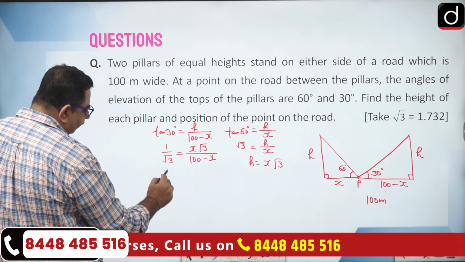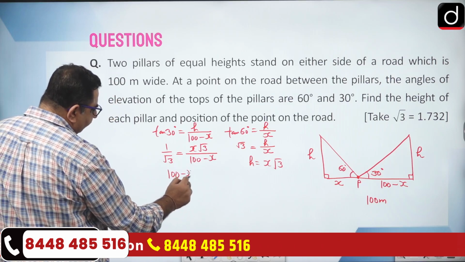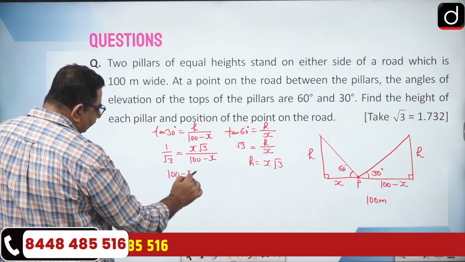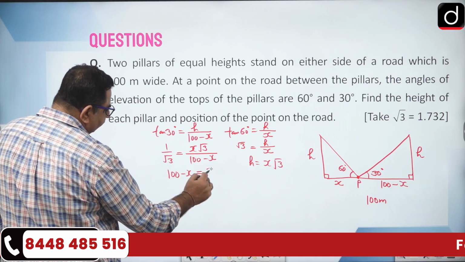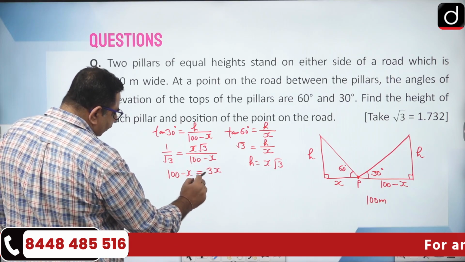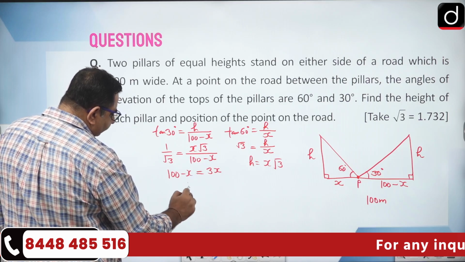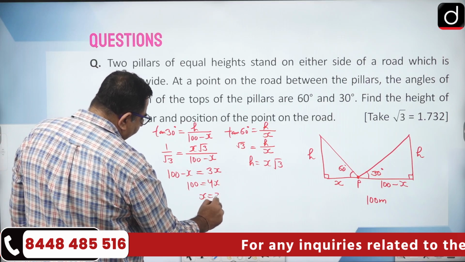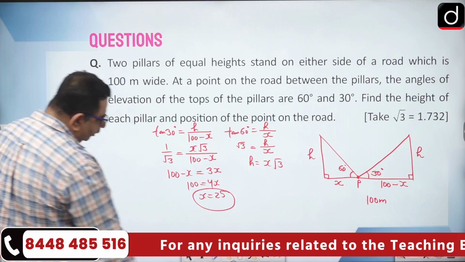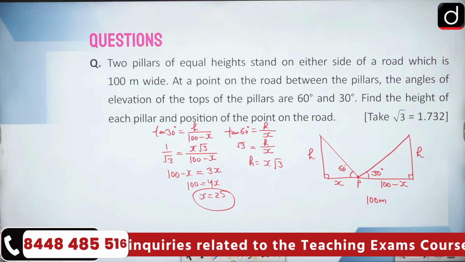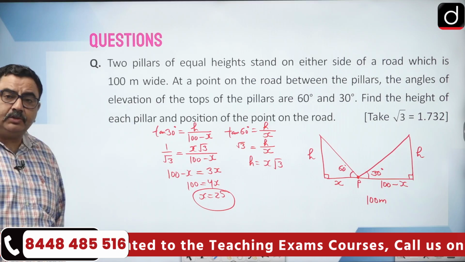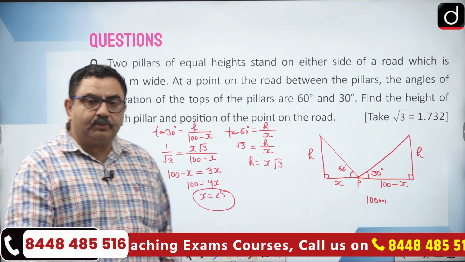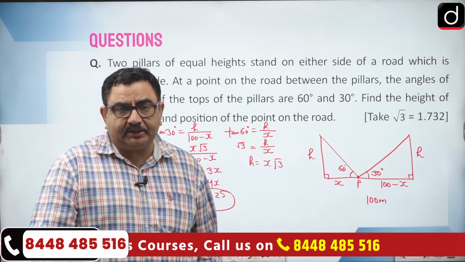Now if you cross multiply, so that is 100 minus x this side and root 3 into x root 3, that is what? 3x. So from here 4x is equal to 100. So x is what? 25, right? So can I say the distance of the point from one of the pole is 25 meters and from other pole it is 75 meters.